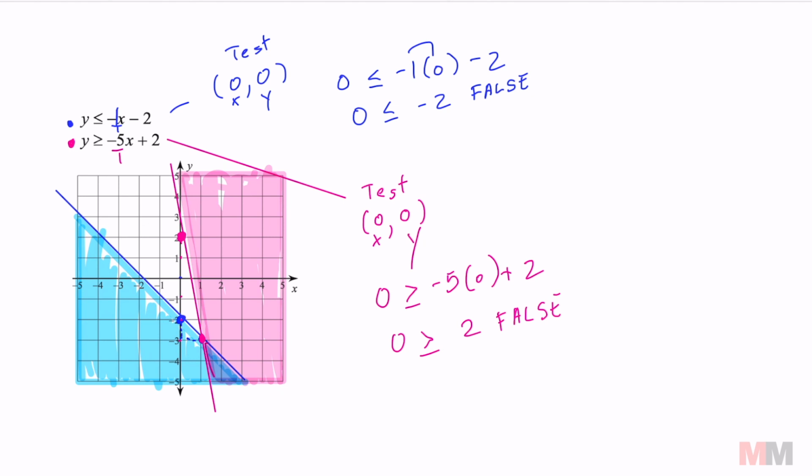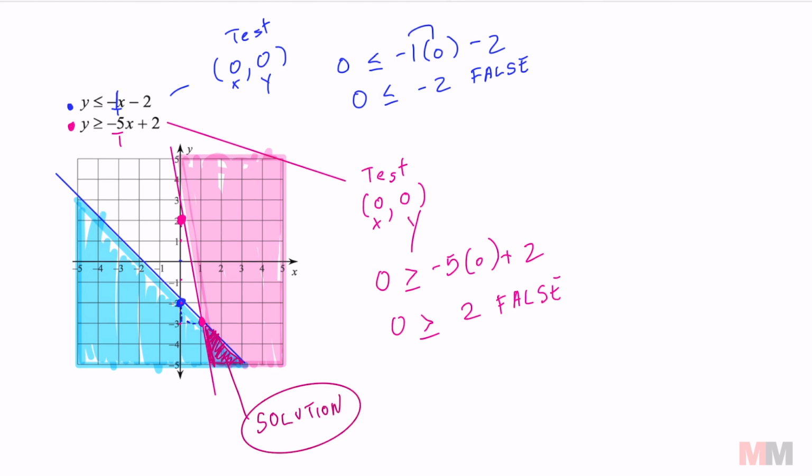This portion right here, and I'm going to darken it, is the area that they have in common, and that represents the solution to the system of linear inequalities. That means if I choose any random point in this section and I plug it into both equations, they will come out with a true statement. So that is your solution.